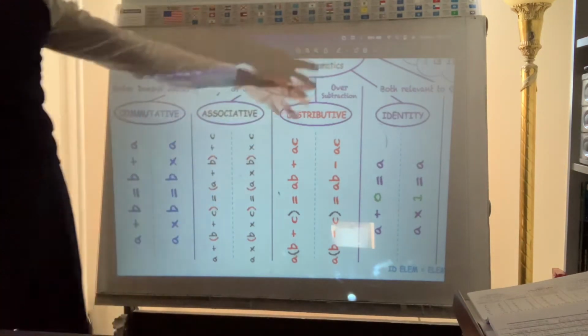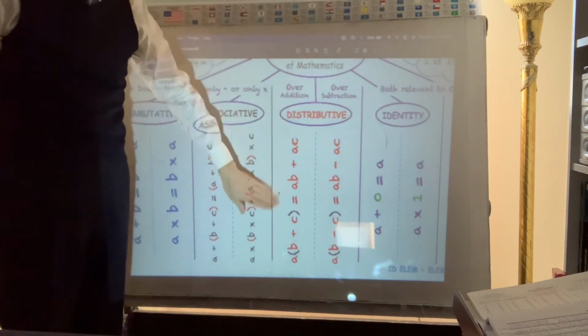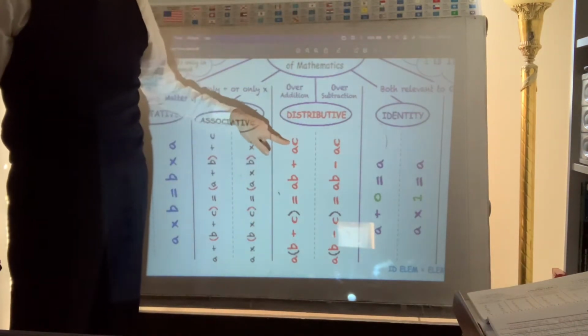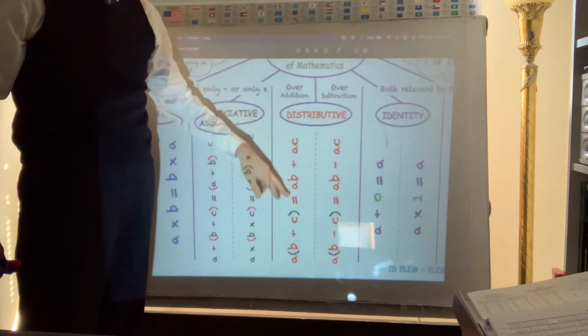Then there's the distributive property, all right? There's the distributive property over addition, all right? And as you can see, I'm sorry that this much of it is portrait, but you have this from last class.